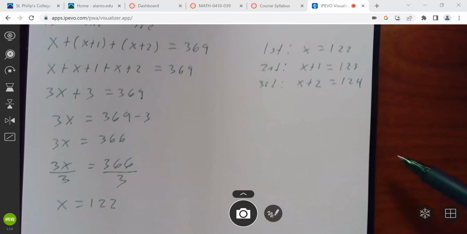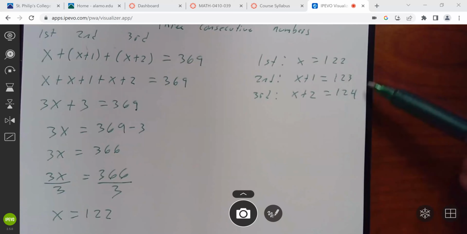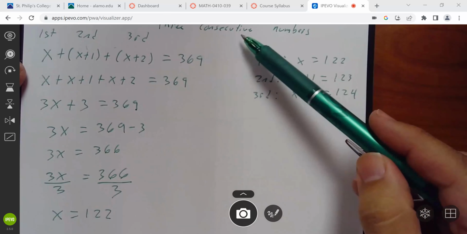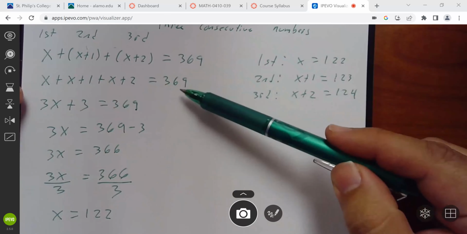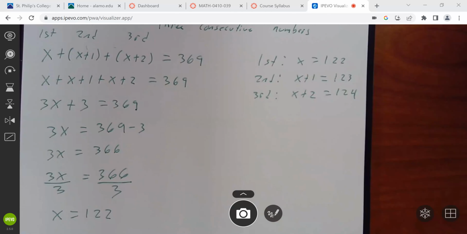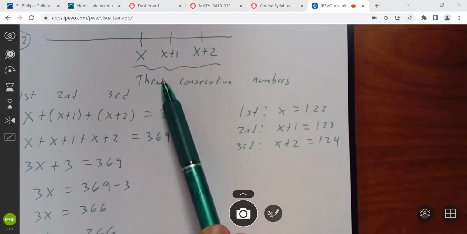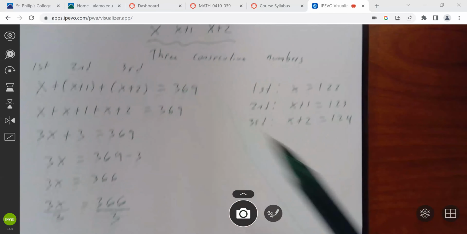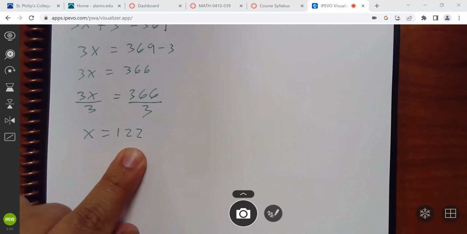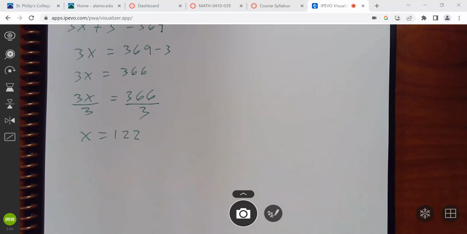So the 3 numbers they wanted are these. We set it up using the definition of consecutive. What does that represent? Well, that's the first number I chose. You randomly pick 3. The question said the sum of 3 consecutive numbers is equal to 369.